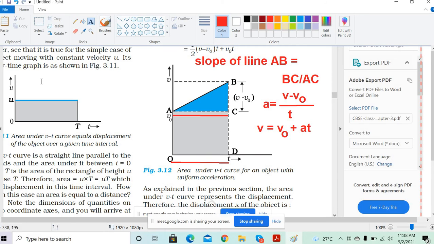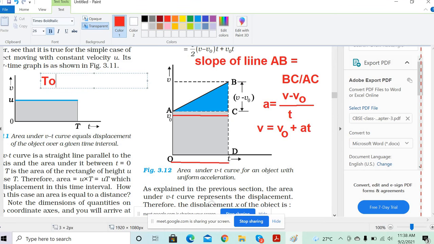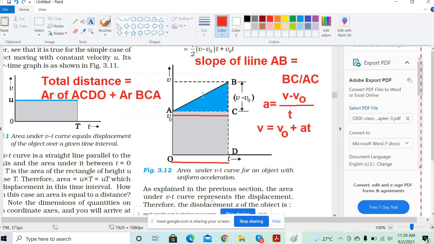The total distance will be given as the area of ACDO plus the area of triangle ABC. So when you substitute it, you get the total distance traveled.